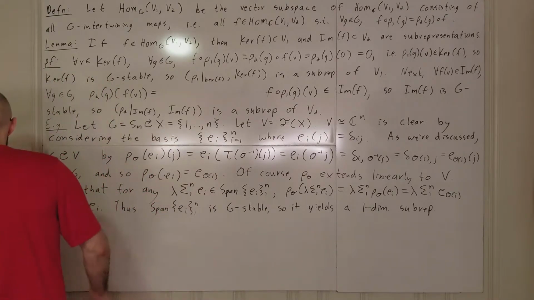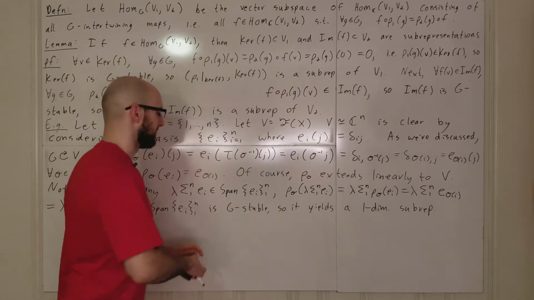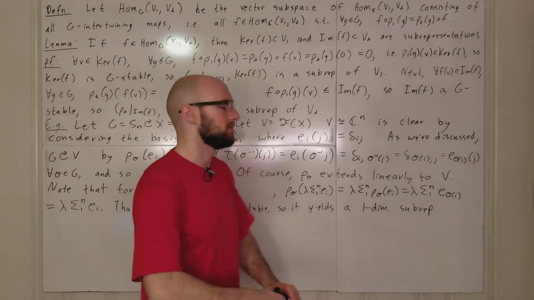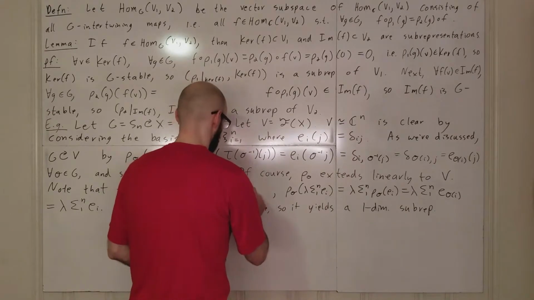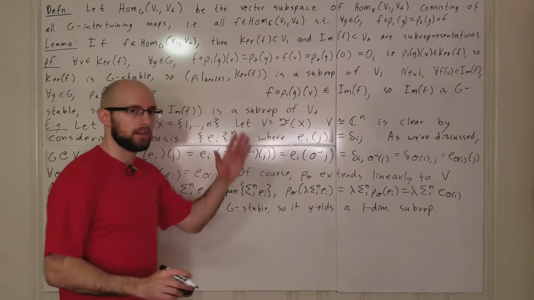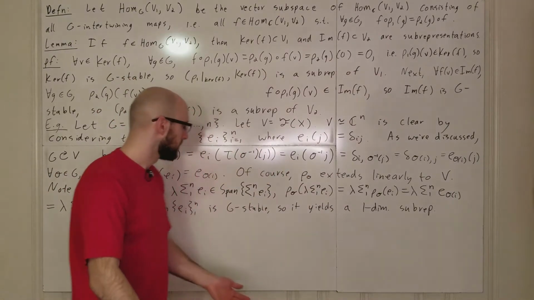It's definitely not the span of these basis elements, because the span of the basis elements is going to be the whole vector space. It's the span of precisely the element sum 1 through n of e_i. So e1 plus e2 plus e3 all the way up to en.